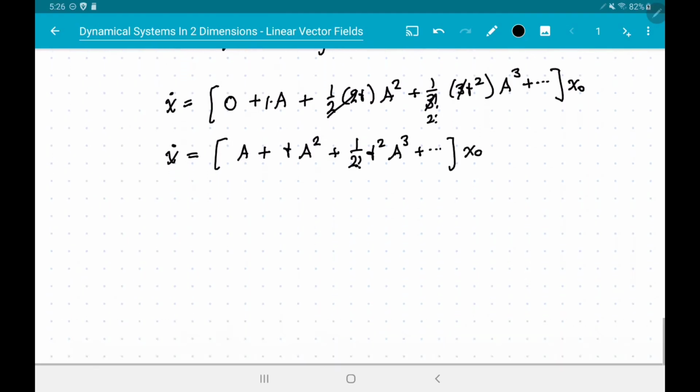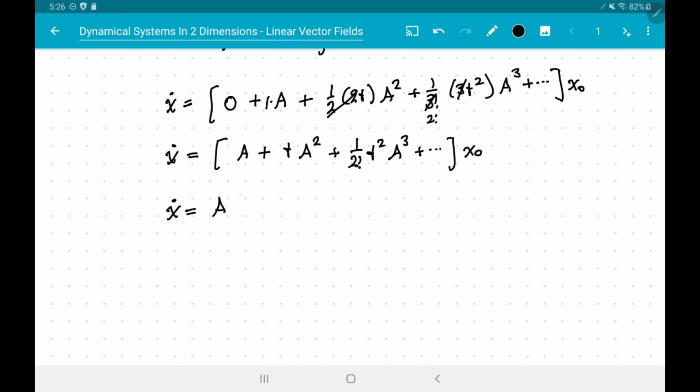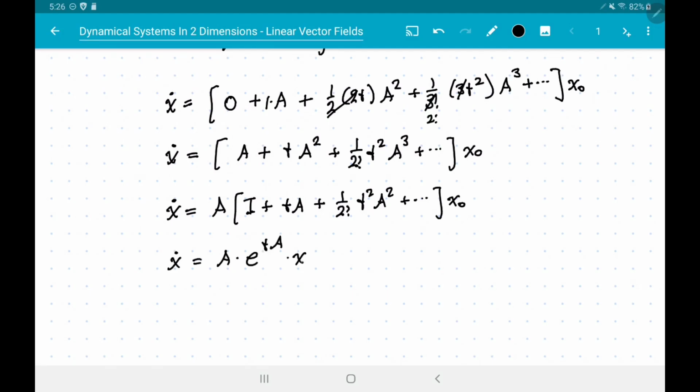Now I'm going to bring a factor of a out front. I'm left with an I here, a ta here, 1 over 2 factorial t squared, now a squared here, and so on. So that means that x dot is actually a times e to the ta times x sub 0.